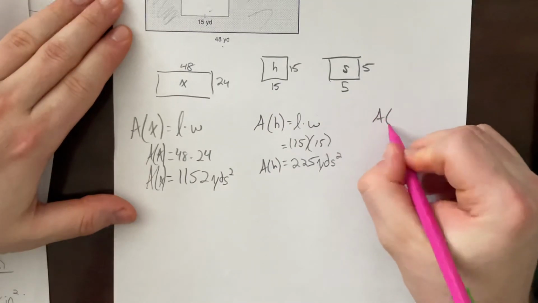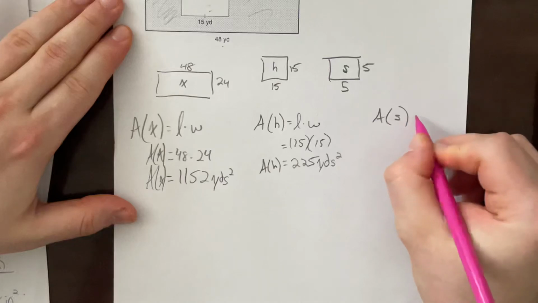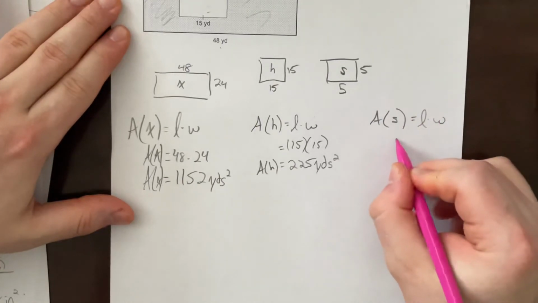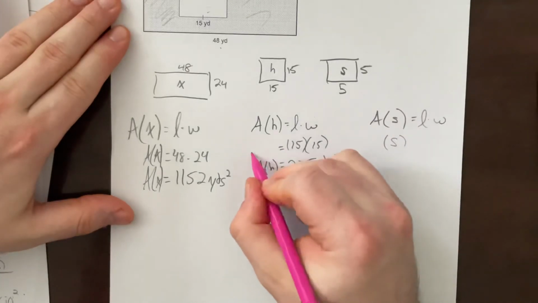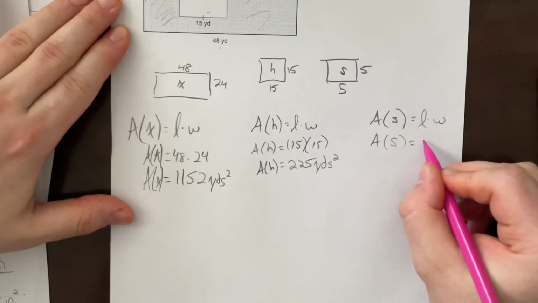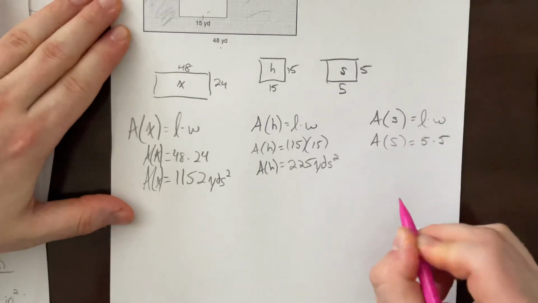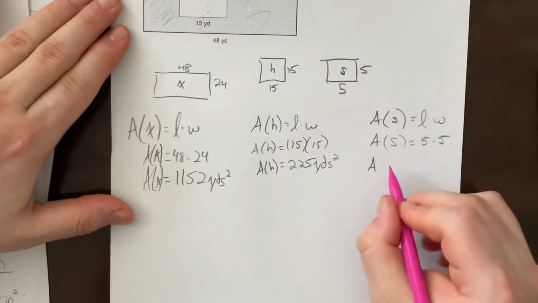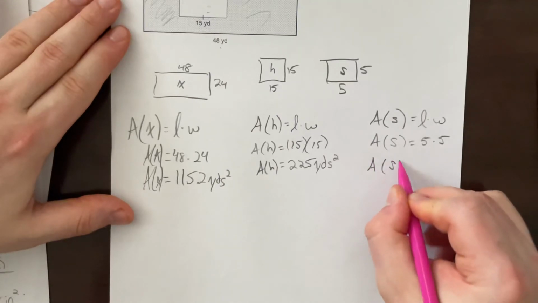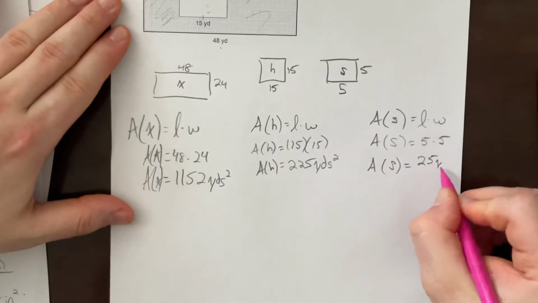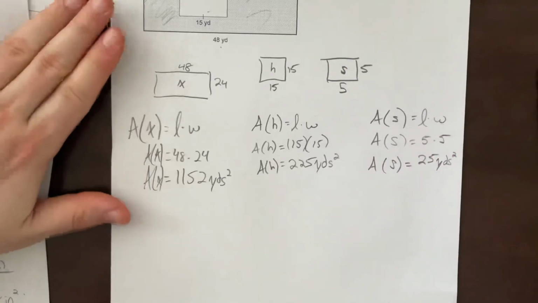And then the area of the shed is going to be the same. I just do length times width. Area of S is just going to be 5 times 5. Again, be careful on those S's and 5's as it is dangerous. So S is going to be 25 yards squared.